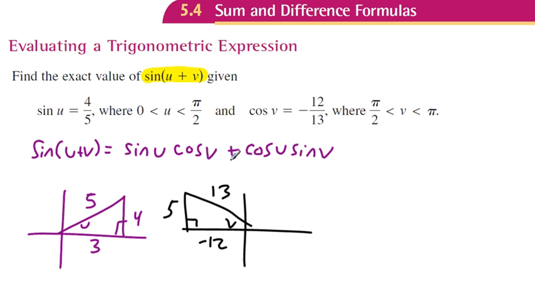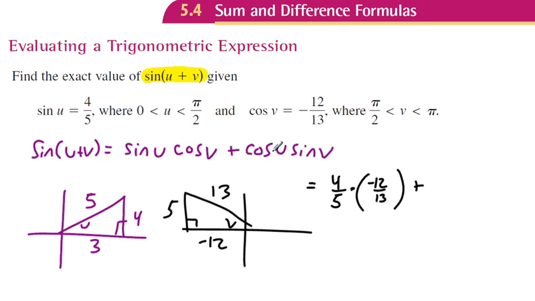So let's go ahead and plug it in because we're trying to find sine of u plus v. So sine of u plus v equals sine of u, and sine of u is right here, 4/5. So I'm going to say 4/5 times cosine of v. Cosine of v is right here, negative 12/13. So negative 12/13.